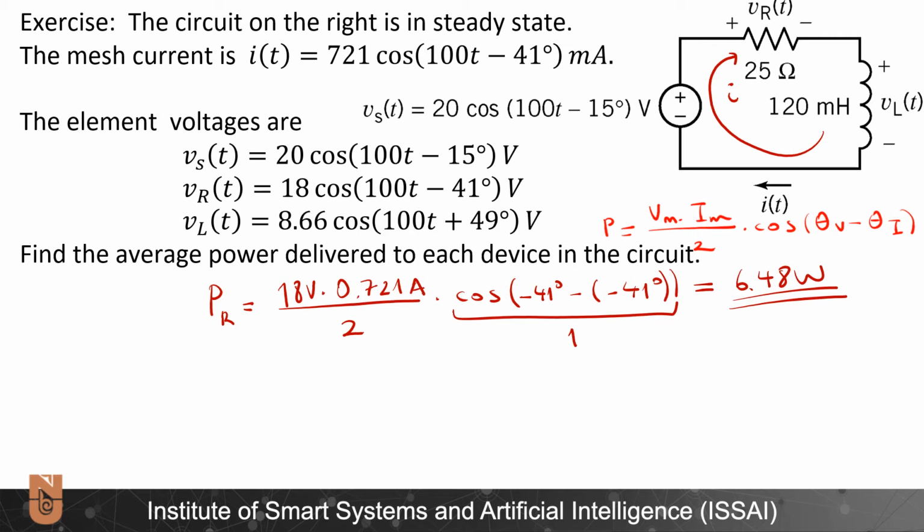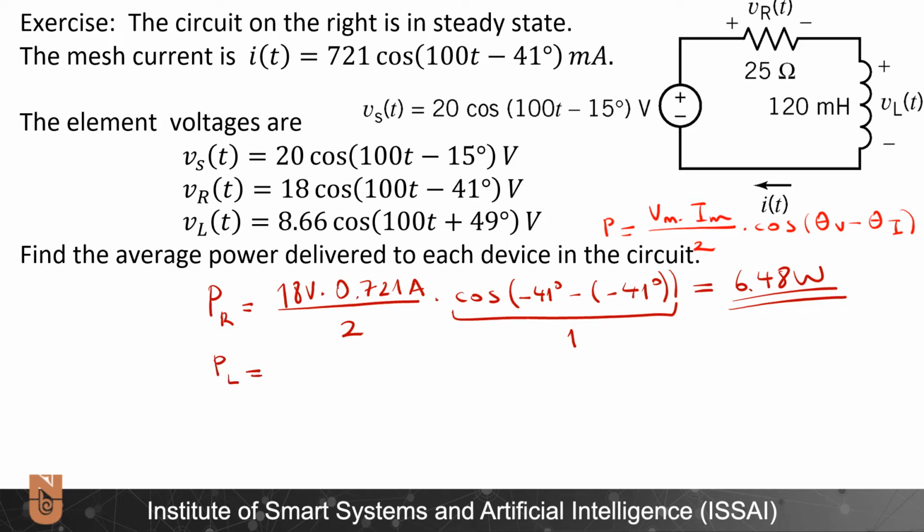So I can speculate that maybe the inductor will not receive anything over one cycle because it is an energy storing element and it does not dissipate anything, but we will see. And finally, let us calculate the average power delivered to the inductor.